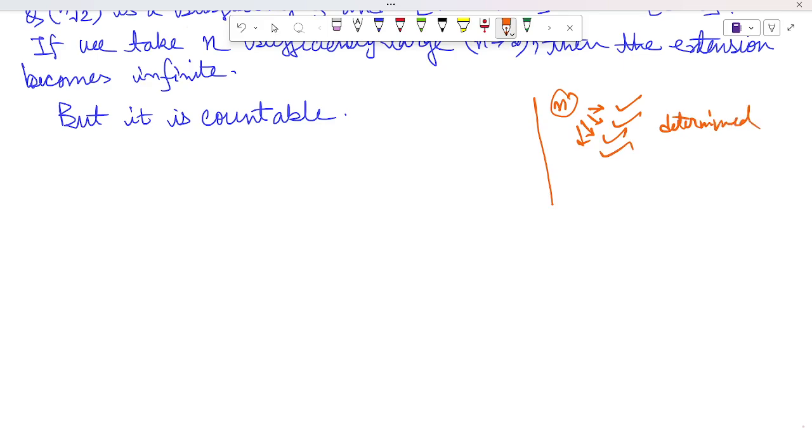Suppose the n degree polynomial is x to the power n plus ... plus a0 equal to 0. So I can associate a tuple (a_{n-1}, ..., a0) that belongs to Q to the power n.